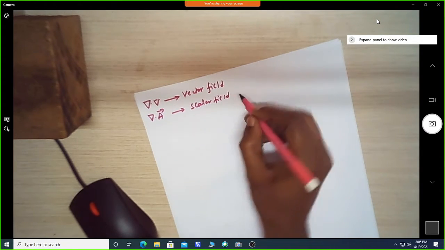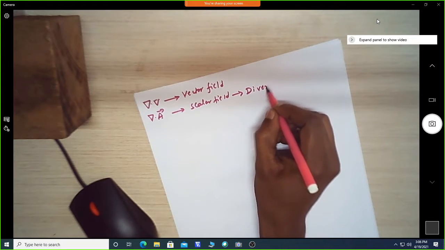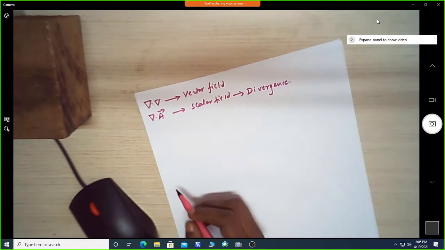This is called divergence, and we have seen the divergence theorem also.